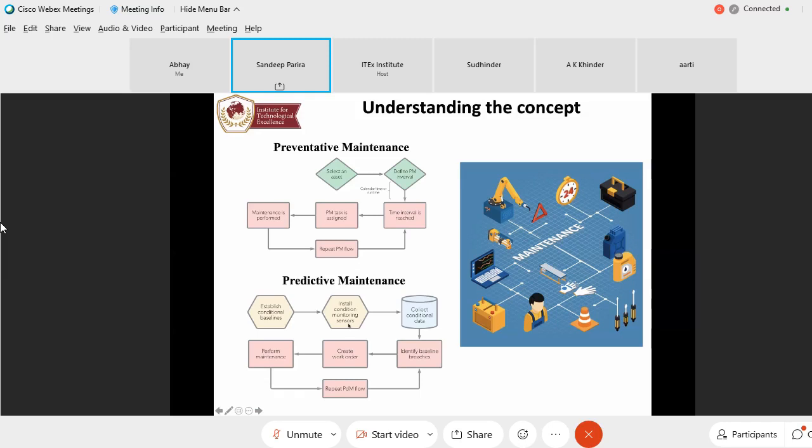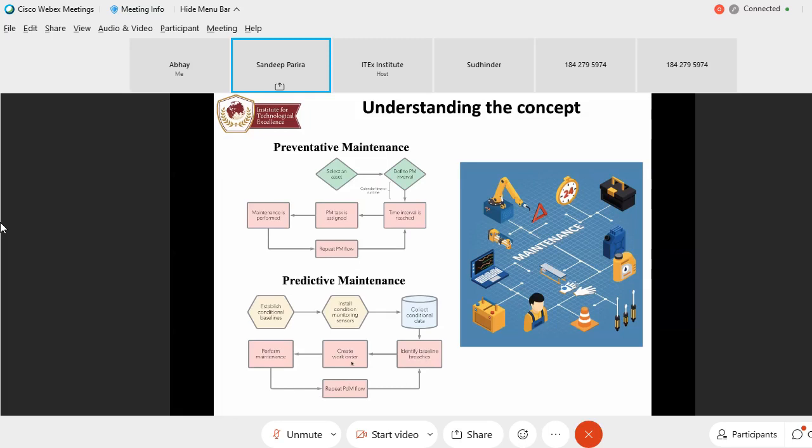Now you collect the conditional data, and then you identify the baseline breach. Once the baseline breach is identified, you create a work order and perform a maintenance. This is how you do predictive maintenance.